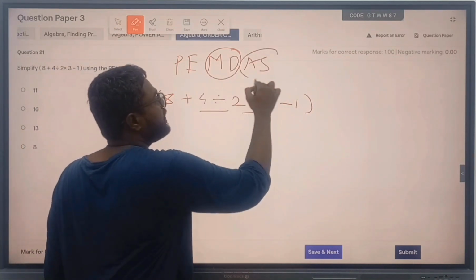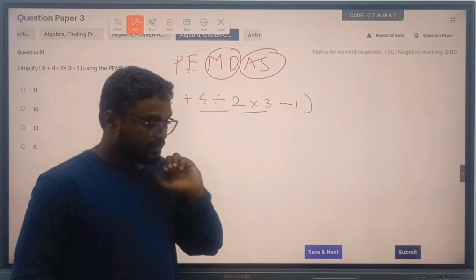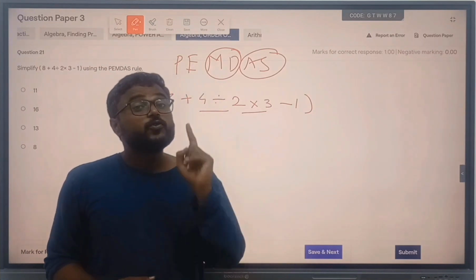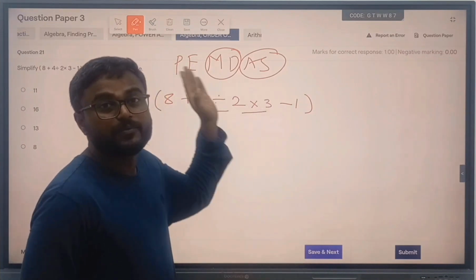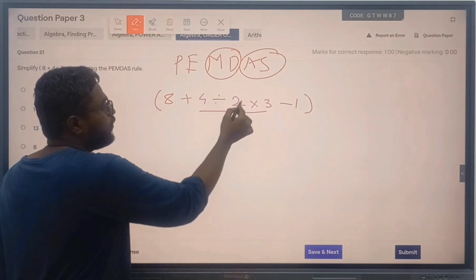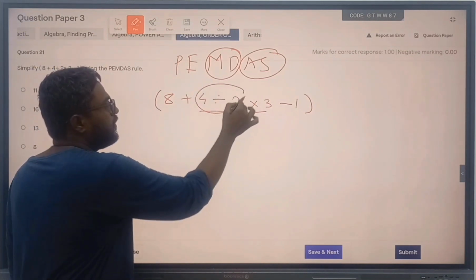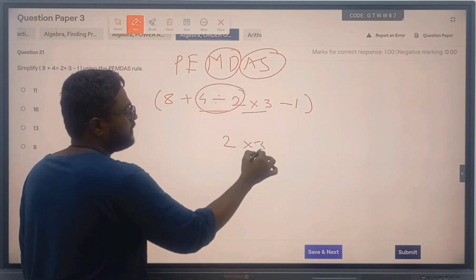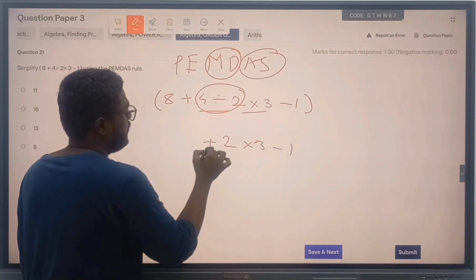Similar is the case for addition and subtraction: you do the first one that comes on the left-hand side. So 8 + 4 ÷ 2 is 2, then × 3 − 1.